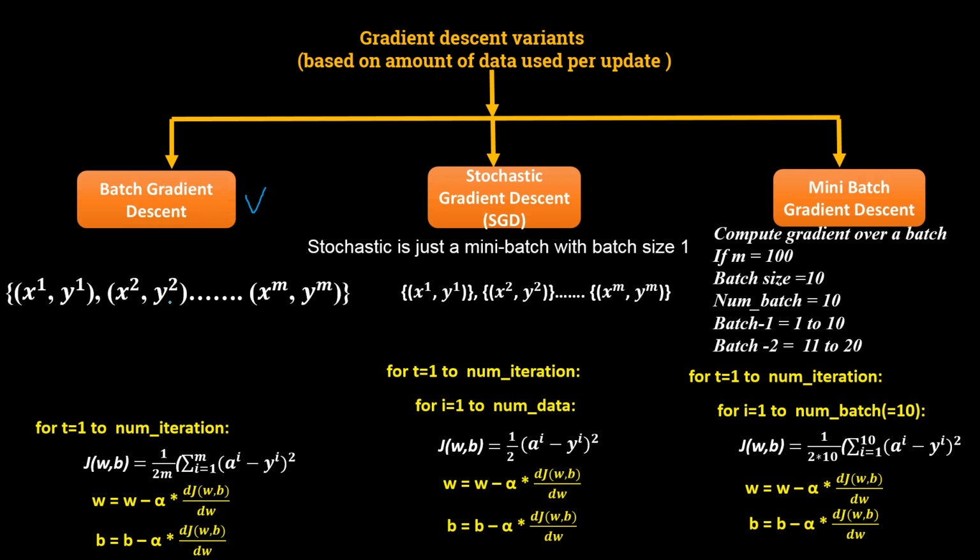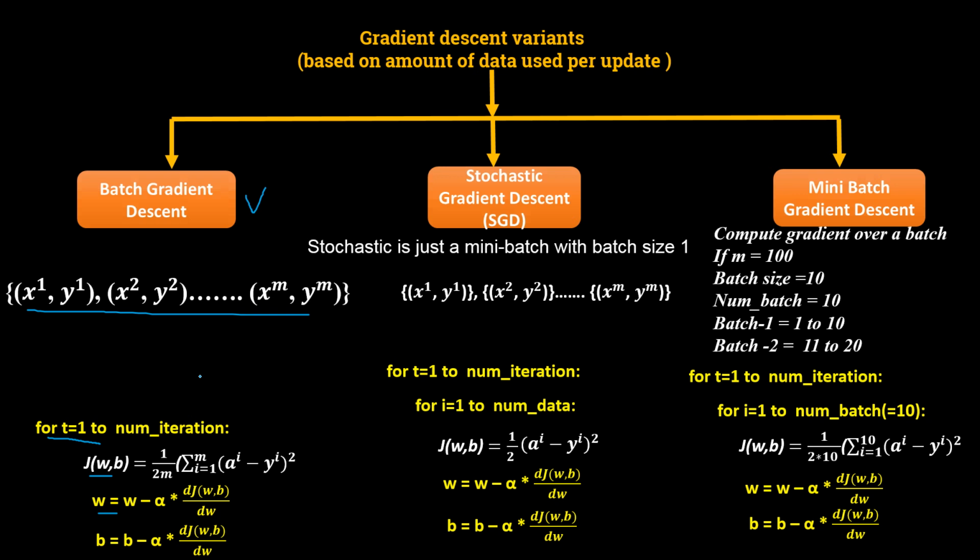To compute the cost function, for every iteration, it computes the cost over all the examples. It reads all the examples, takes their errors, then takes the average, computes the cost function, and then updates the weights and biases by computing the gradients of this.